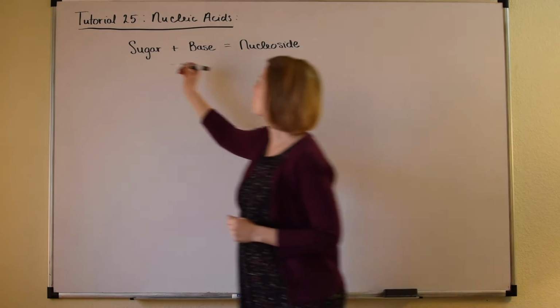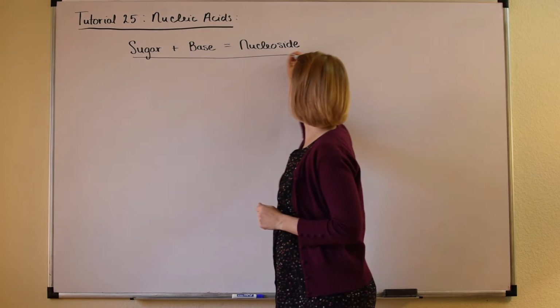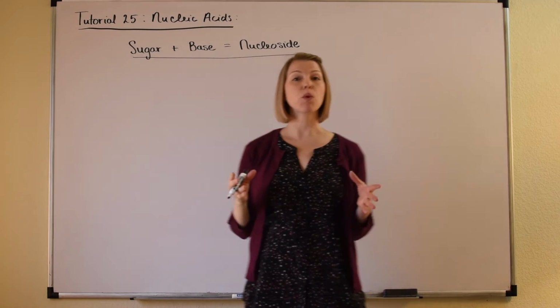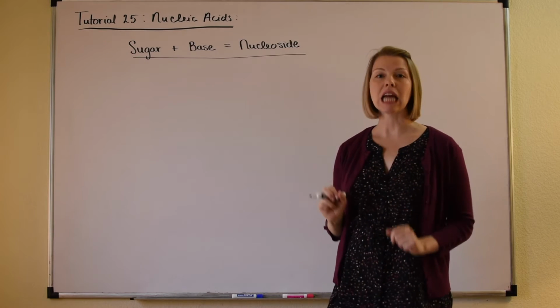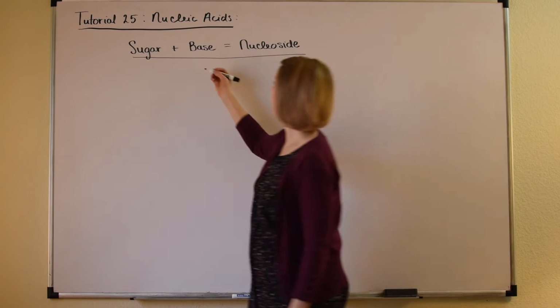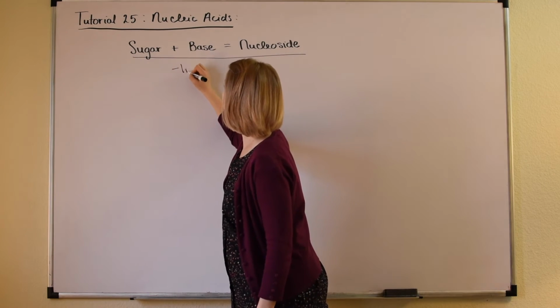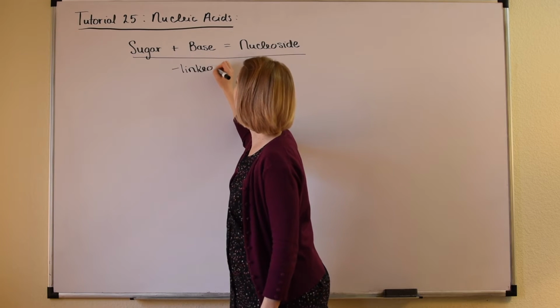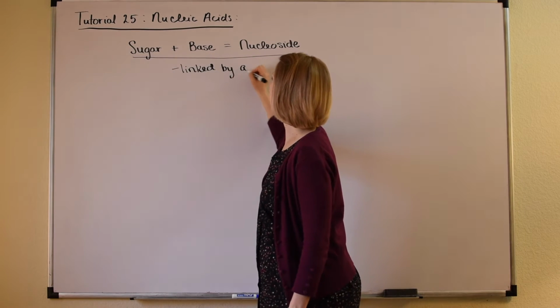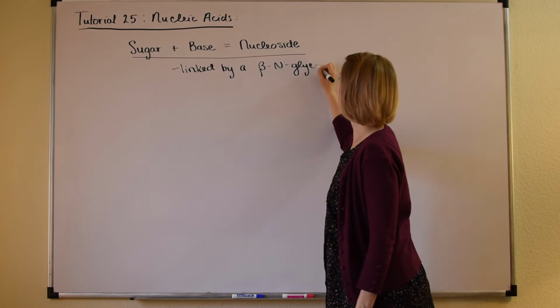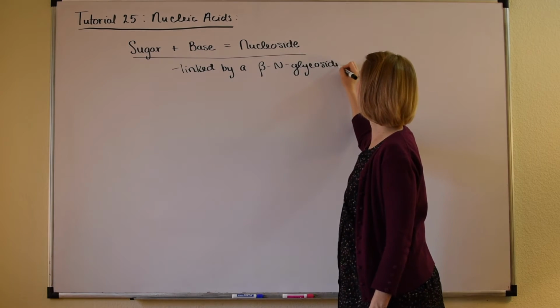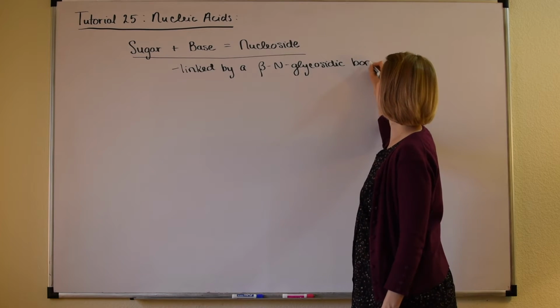The sugar and the base, let's go ahead and underline that there. The sugar and the base will be linked together by a beta-N glycosidic bond. I'm going to write that up here. Linked by a beta-N glycosidic bond.